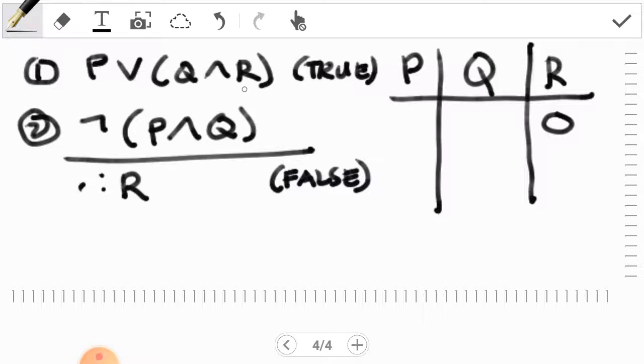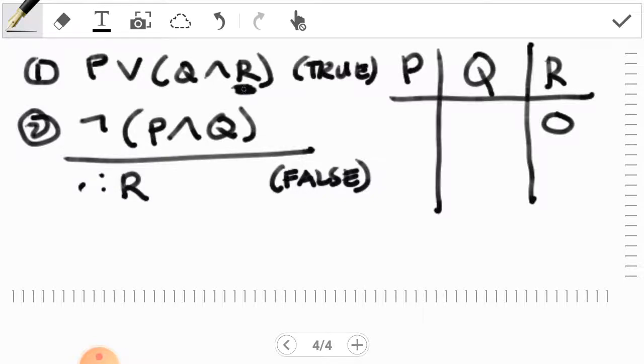Because the first premise involves R. The second premise does not involve R. And since we have already the initial value for R, which is false or 0, then let's consider the first premise. If R is 0, so this is now having a false value.